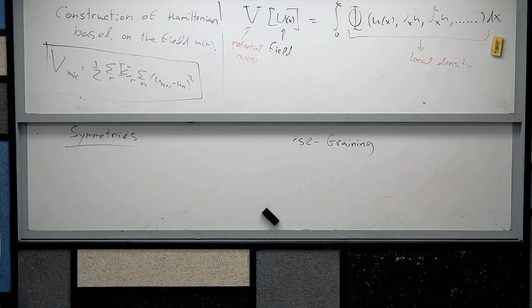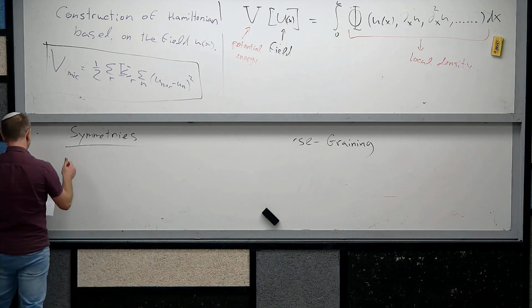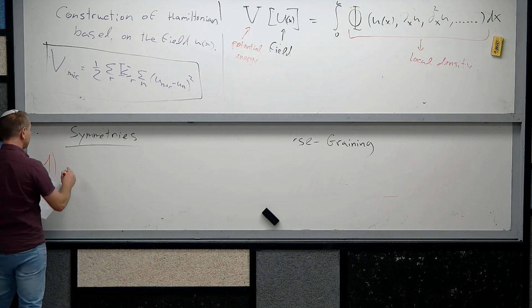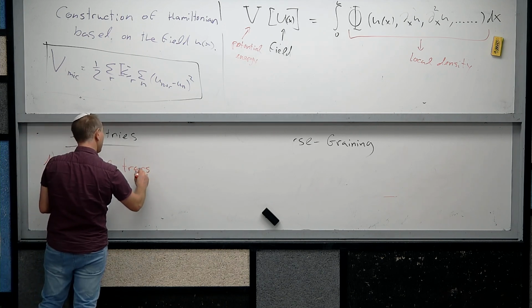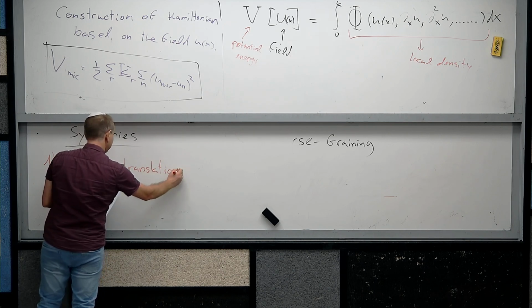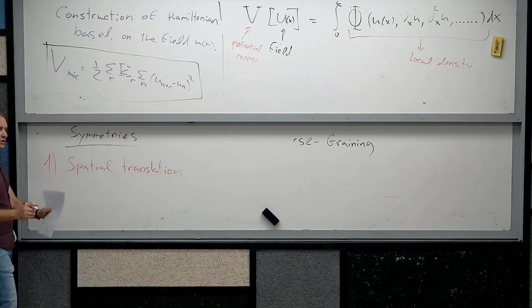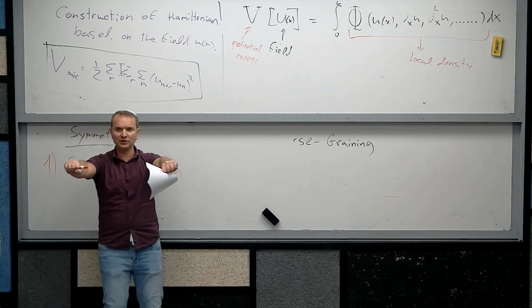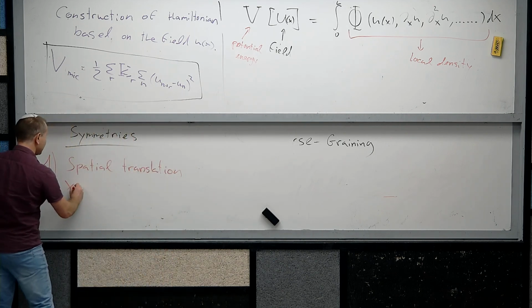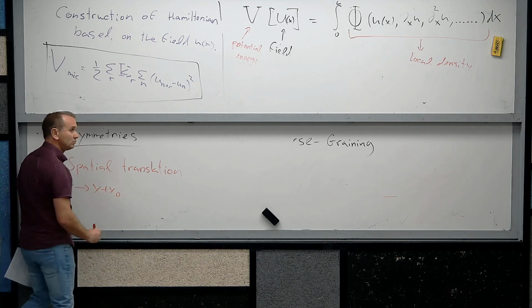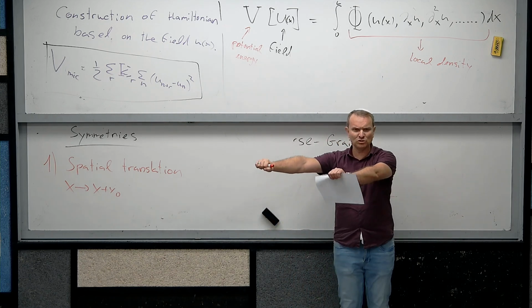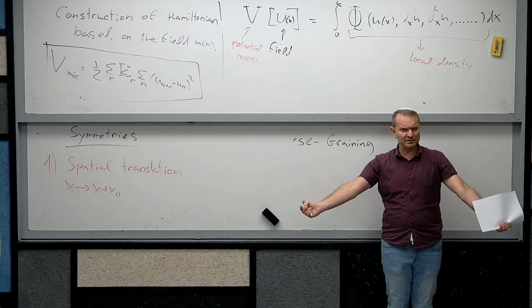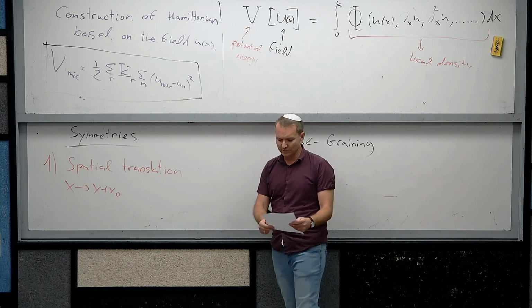So let's look at what kind of symmetries we have to satisfy. First, spatial translation. What do I mean by spatial translation? If I take this whole string and I shift it by x0, so all the x's are shifted to x plus x0, does something happen to my potential energy? If I just shift the coordinate system, nothing happens. So this symmetry has to be satisfied.